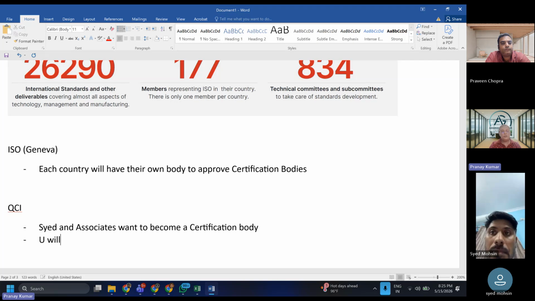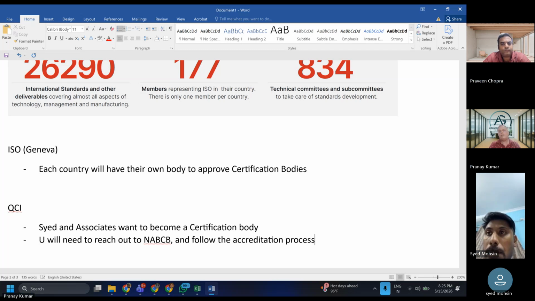You will need to reach out to NABCB in India and follow the accreditation process.